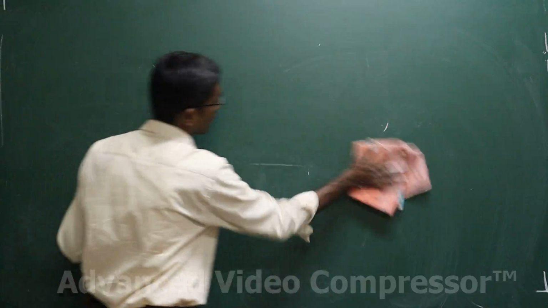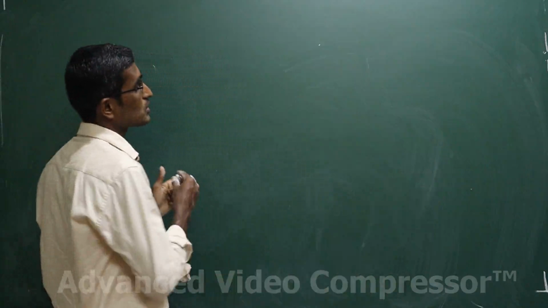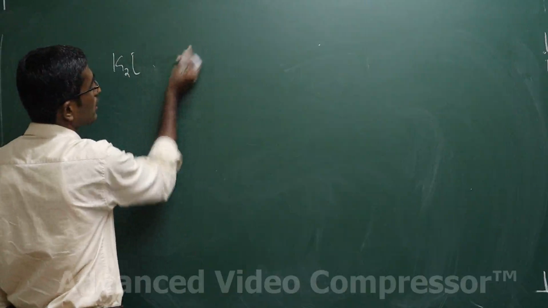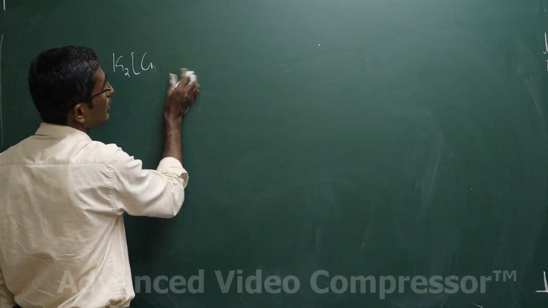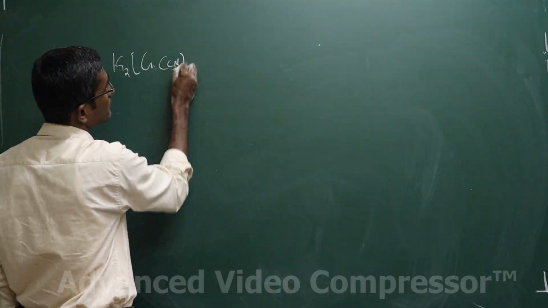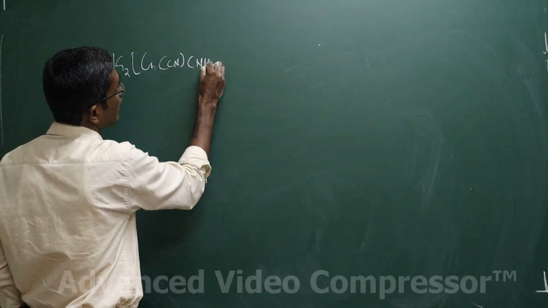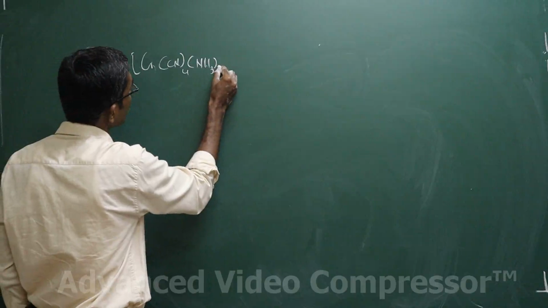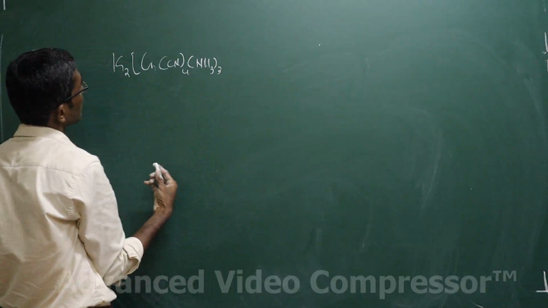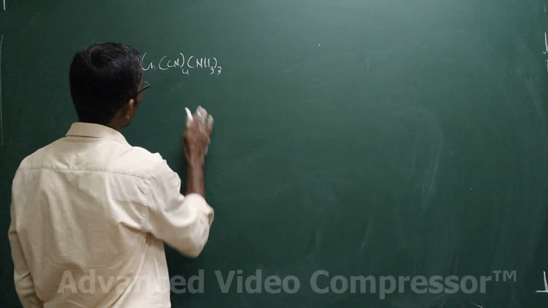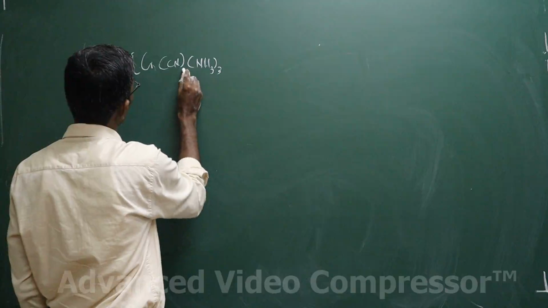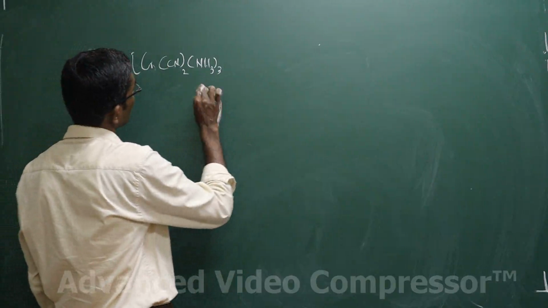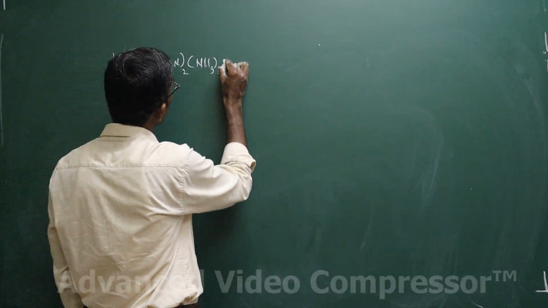A few more examples again we will take; quickly we will rush through them. K2, for example, K2 [Cr(CN)4(NH3)(NO)].